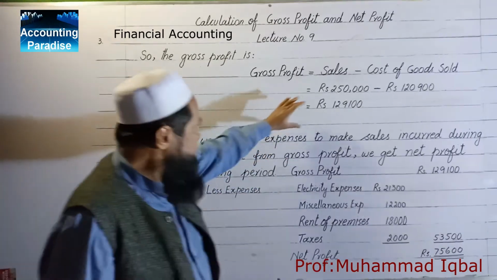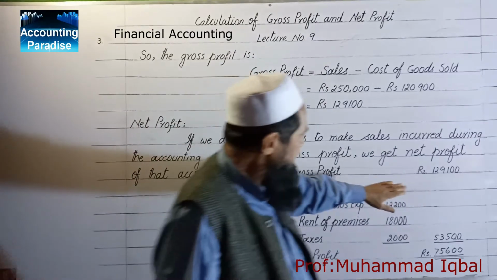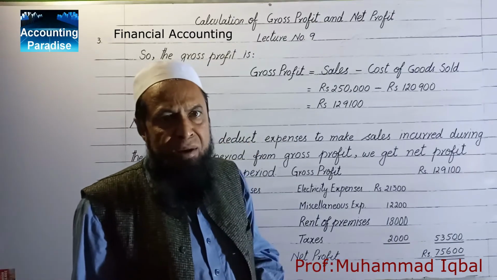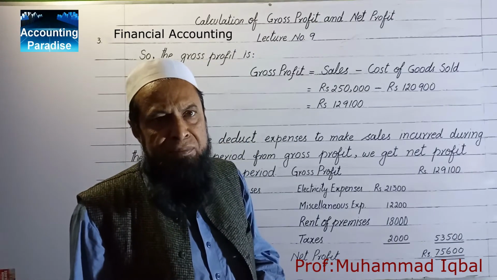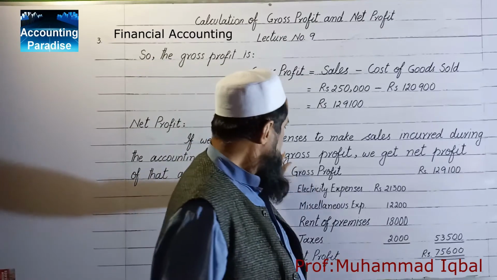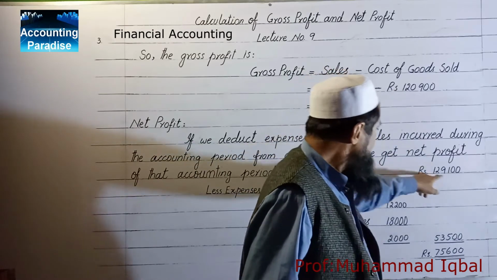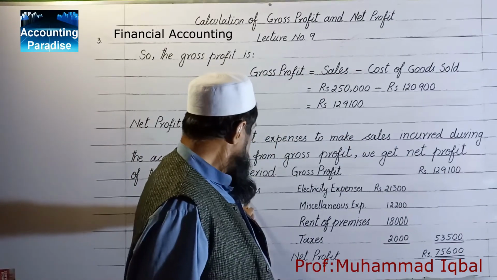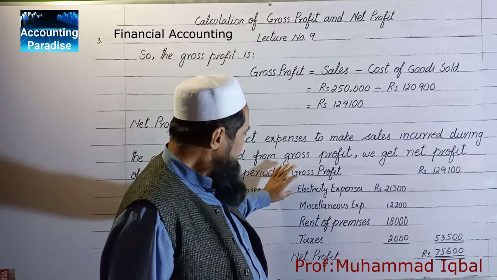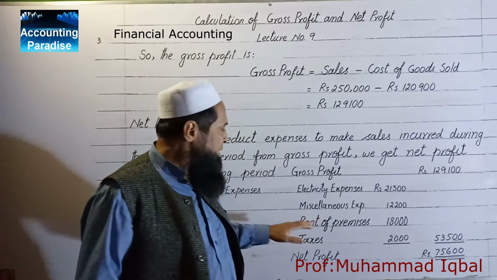Take the gross profit figure from here. These are all figures from ABC Proprietors trial balance. Gross profit 1,29,100. Less expenses incurred during the accounting period.